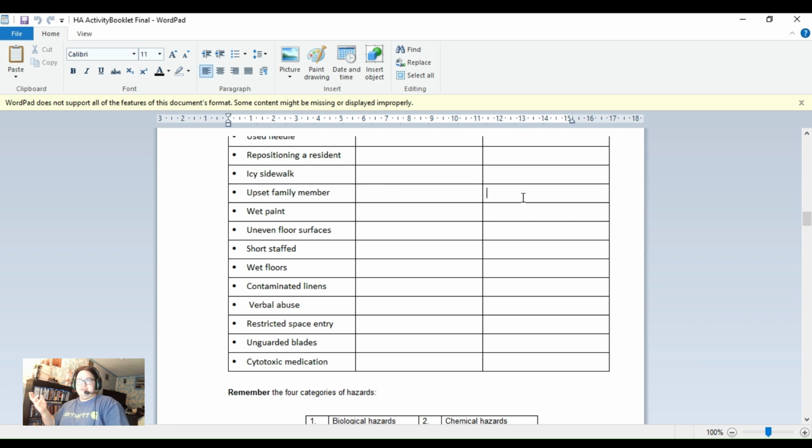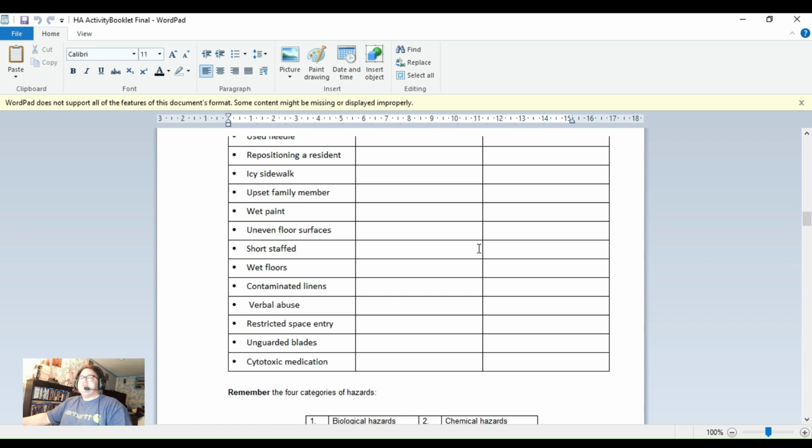But again, it's all empirical data you're using. Wet paint, chemical. Uneven floor surfaces. Physical, maybe psychosocial. Like if you know those floors are uneven and if you've hit them before, even if you've fallen on them, it'll stay up there. Short staffed.